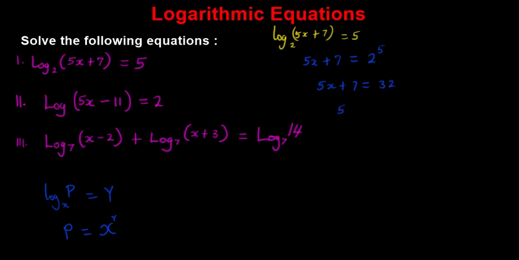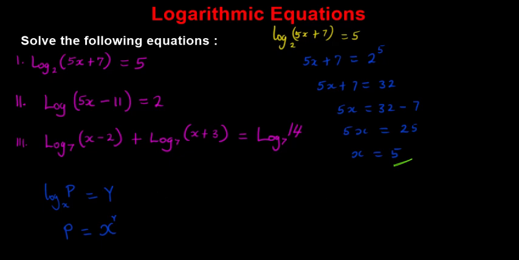So 5x is equals to 32 minus 7. 5x is equals to 25, where x is equals to 5. So we've been able to determine the value of x for this equation, where x is equals to 5.